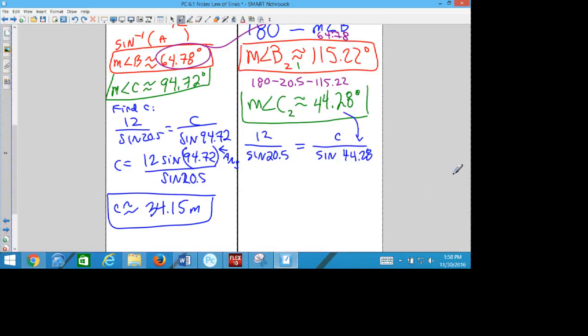So new C goes in there. Let me cross multiply. 12 sine 44.28 divided by sine 20.5 gives us new c 23.92.